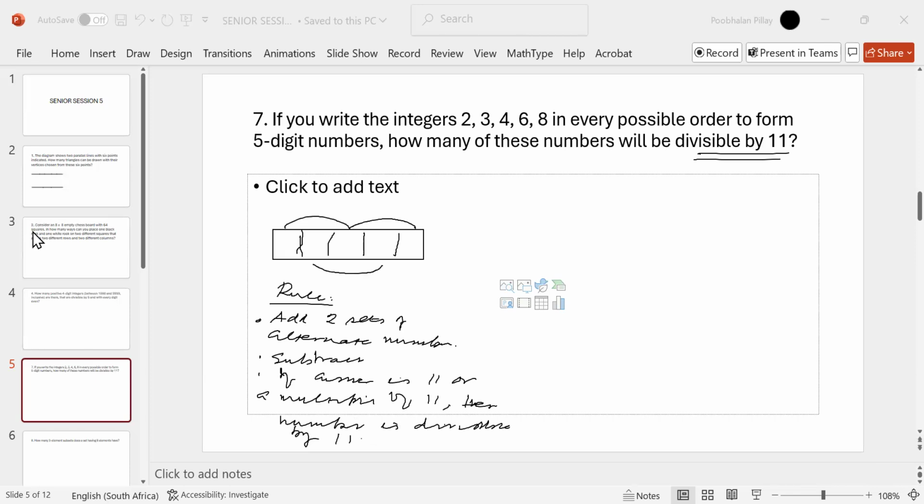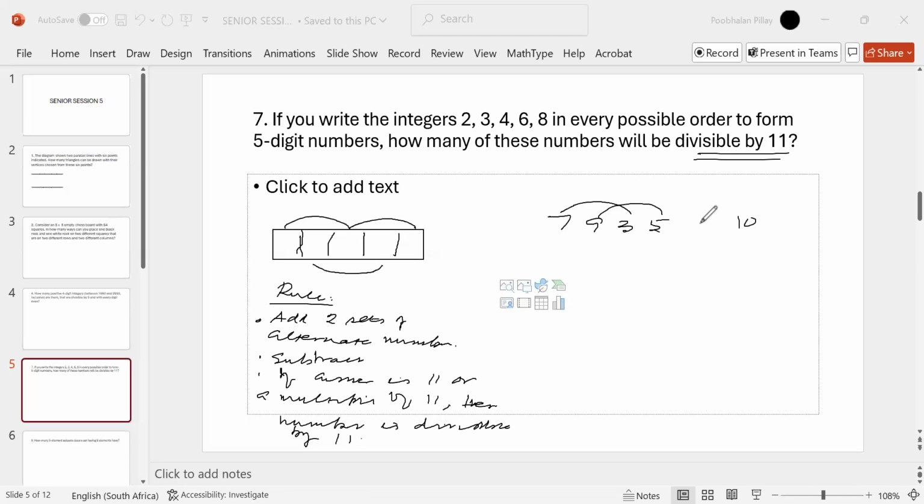Okay, we can try some examples. For instance, let's take 7935. Now you've got the alternate numbers. 7 plus 3 is 10. 9 plus 5 is 14. So those are the two sets.